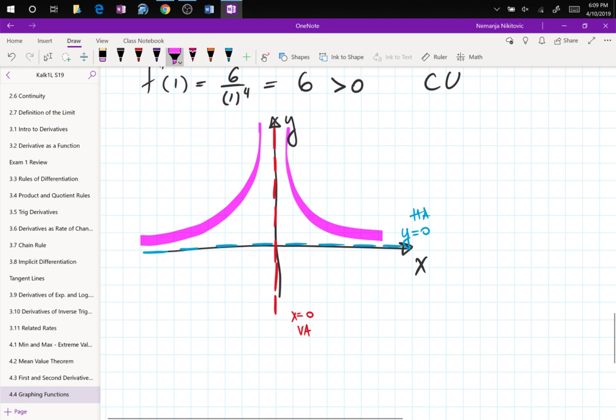This is exactly what we have on our graph. And you see there are no min, no max points, no changes in concavity. We don't have any x-intercepts or y-intercepts, and they're following these asymptotes. Okay, so we'll actually run into that.